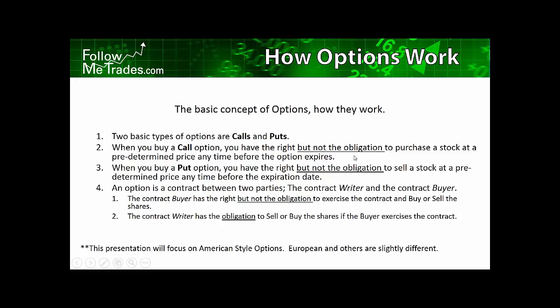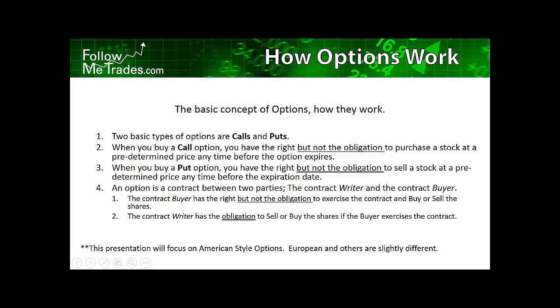You have the right, but not the obligation, to purchase a stock at a predetermined price, which is called the strike price, at any time before the option expires. And when we get into the risk, that not an obligation is really important. When you buy a put option, you have the right, but not the obligation, to sell a stock at a predetermined price called the strike price anytime before the expiration date.